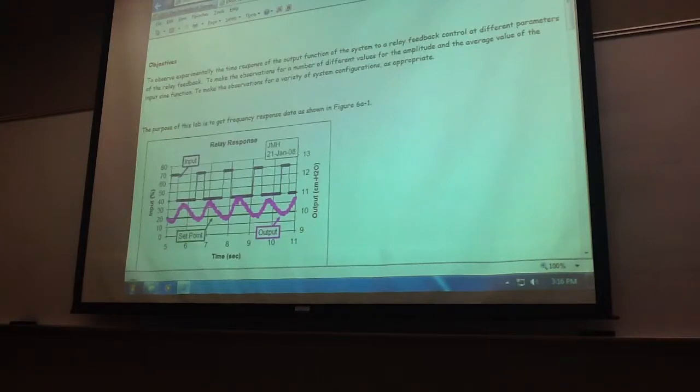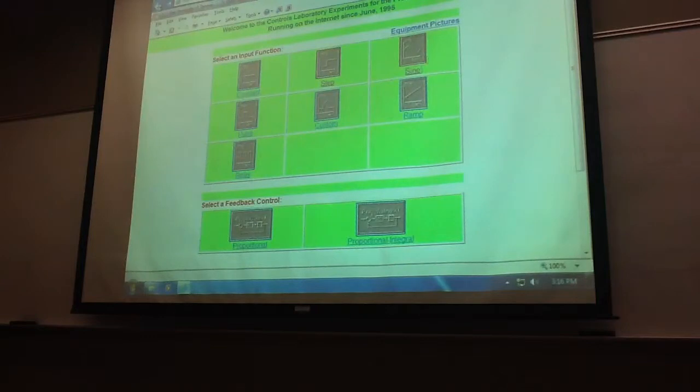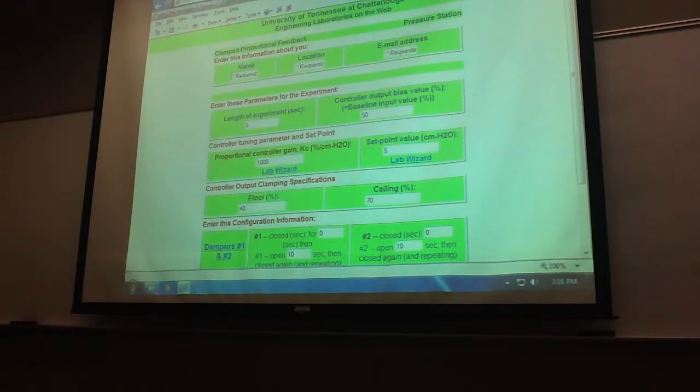Let me run an experiment doing that. Relay. I'm going to use pressure again. I'm going to run this for 15 seconds.